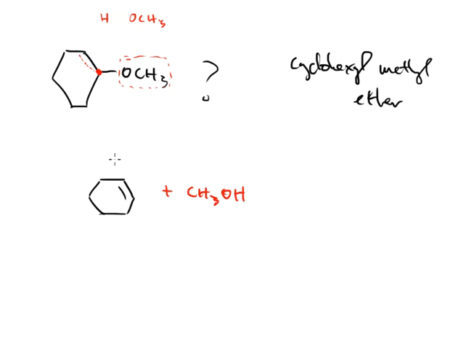We name the long chain first, and this is cyclohexane. And then on carbon number 1, I have the methoxy group. So meth for one carbon and oxy for oxygen. So methoxycyclohexane would be an acceptable name for that compound. That is how we end up with that product.